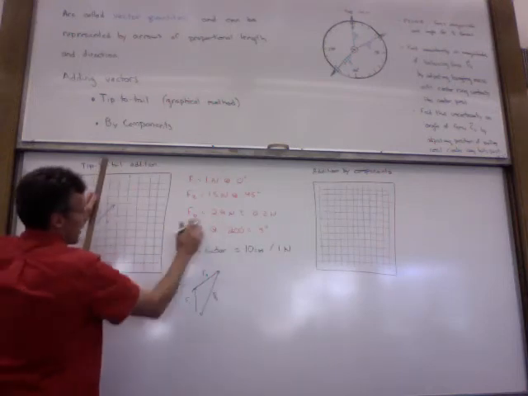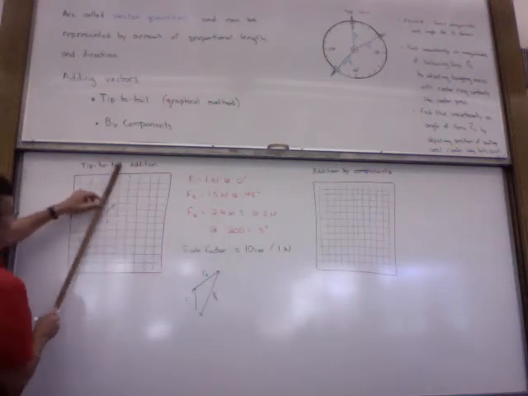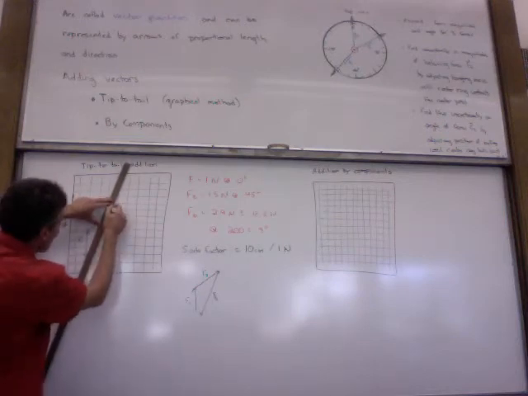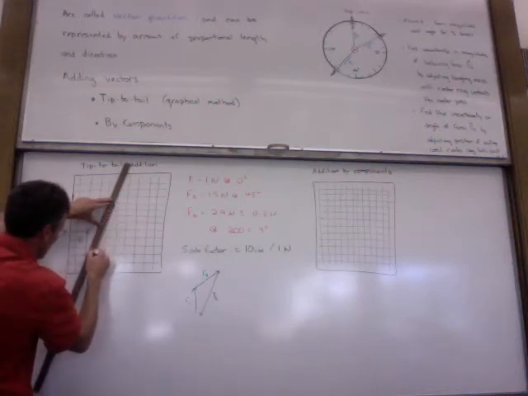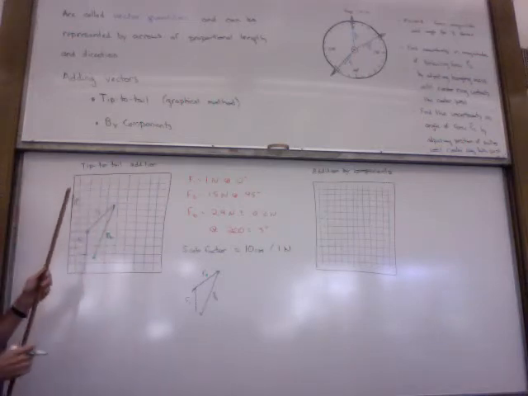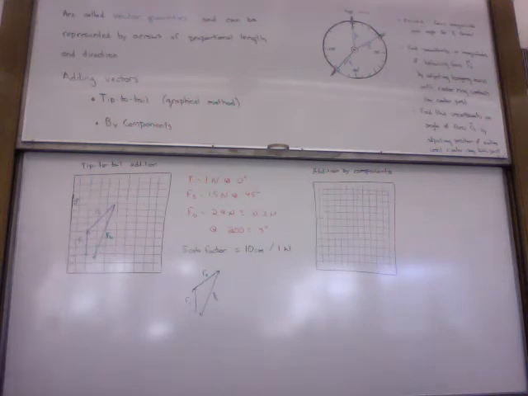And I want to draw, in this case, a 24 centimeter line. And this is what I have. Okay, this is my diagram. Where should the tip of this vector, the balancing vector, be? It should be at the beginning.